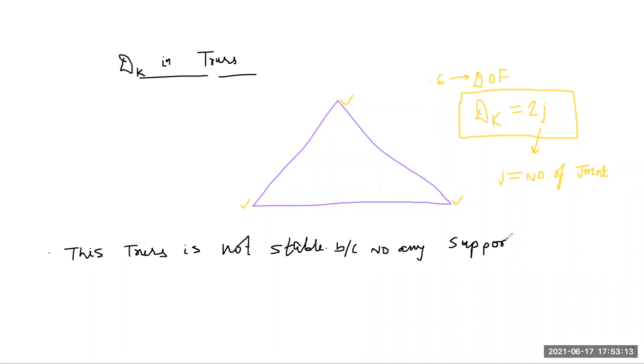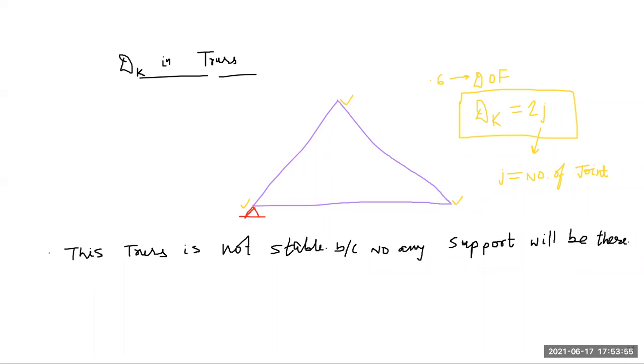So what do I do? Can anyone say? Someone is saying, sir, here support is not available. He is saying right. So we put a support here. To make it stable, we place a support at this joint.